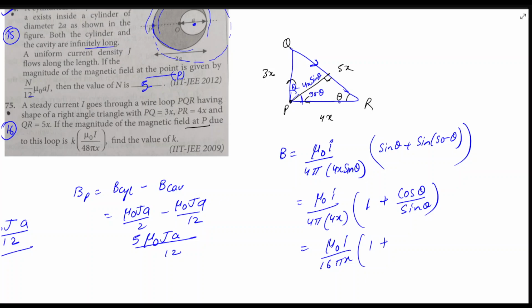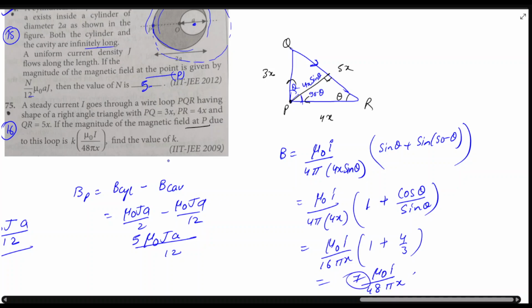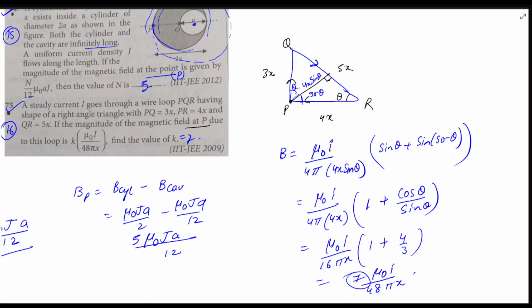So base is 4, perpendicular is 3. It will be 4 by 3. So we will get 7 mu naught I upon 48 pi x, right? So simply k will be 7. Okay, quite easy question. Let's move on to our last question of this session.